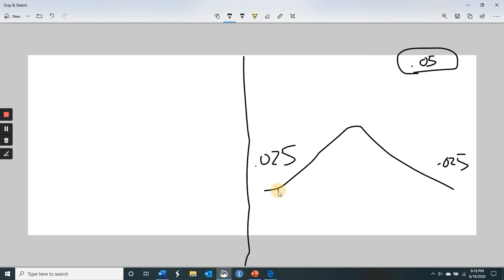And so what that means is this line is further away than a one-tail, because you've had to split it into two. If you're at 0.05, it'd be a little bit over in this direction.